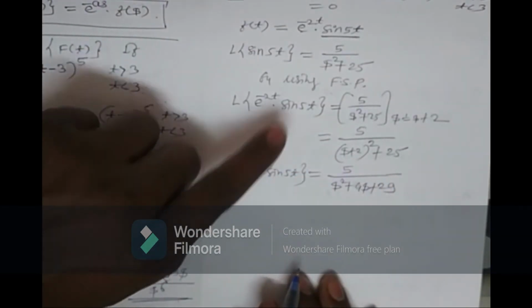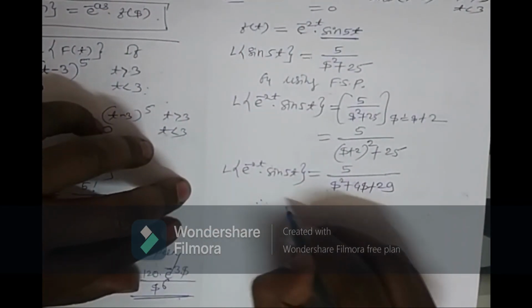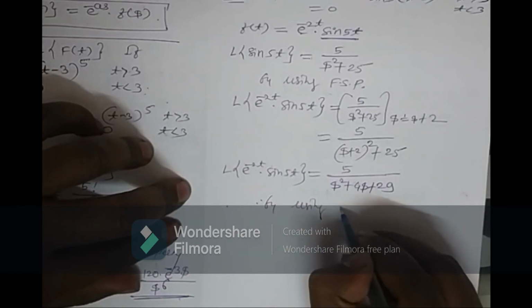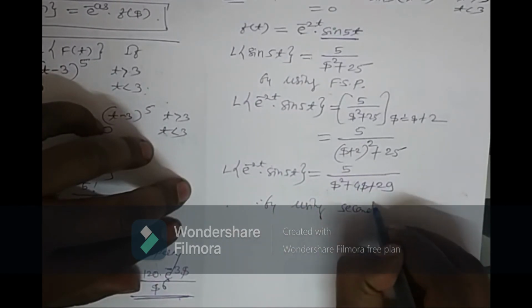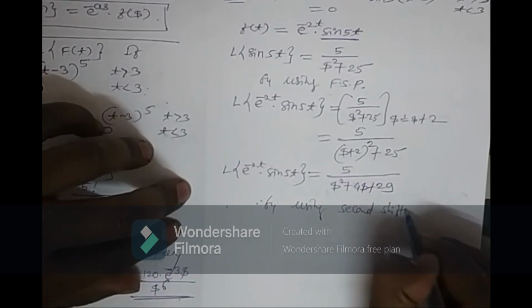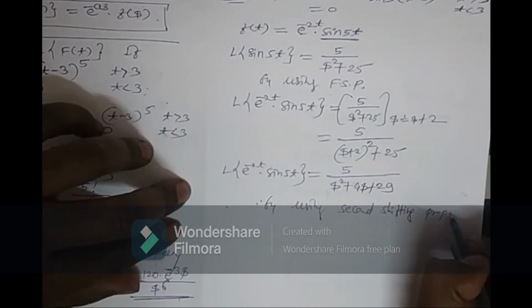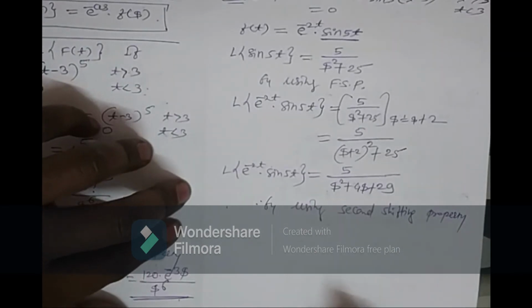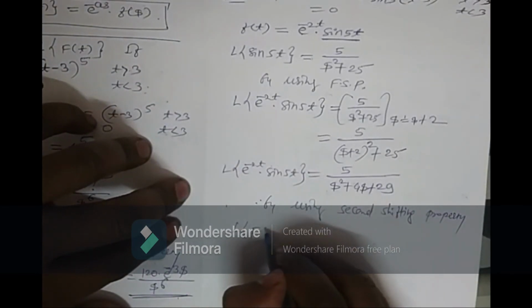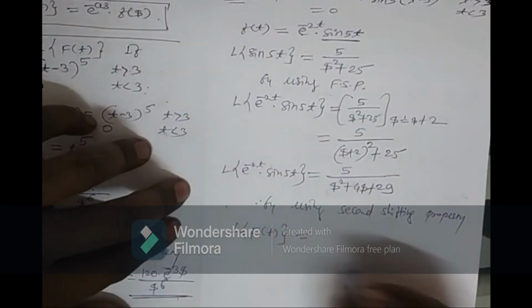But we have to find Laplace transform of capital F of t. Therefore, by using second shifting property, Laplace transform of capital F of t is equal to what?